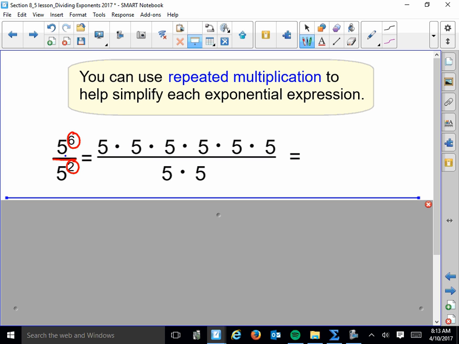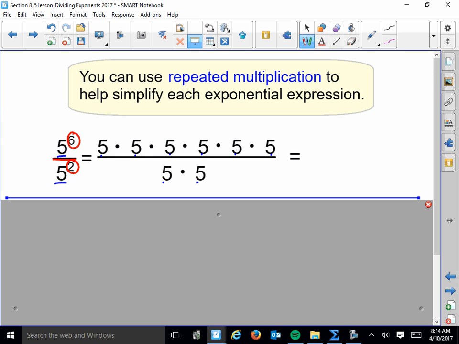We also have the same base, because each of the bases of the powers is 5. To use repeated multiplication just means to expand the power using the definition of an exponent. So 5 to the 6th means that 5 is multiplied by itself 1, 2, 3, 4, 5, 6 times. 5 squared, of course, means that 5 is multiplied by itself 2 times.